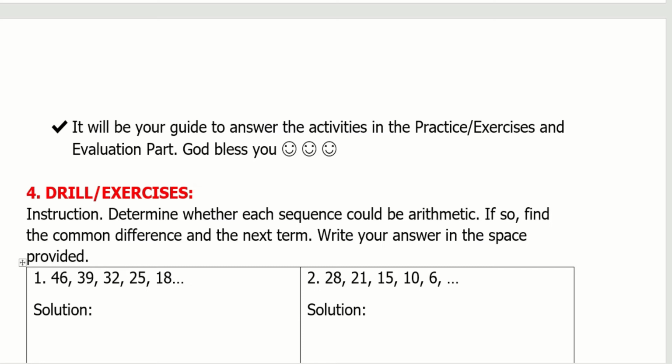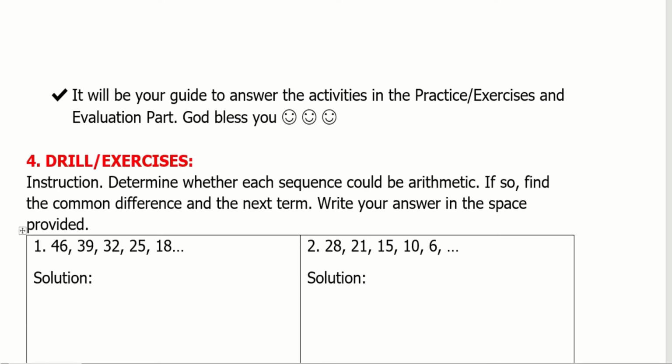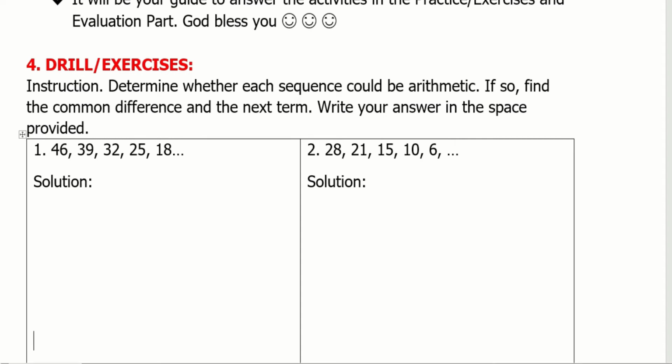If so, find the common difference and the next term. Write your answer in the space provided. Number 1 is the sequence 46, 39, 32, 25, 18. The students give their solution in the space provided. As with number 2, the given sequence is 28, 21, 15, 10, and 6.